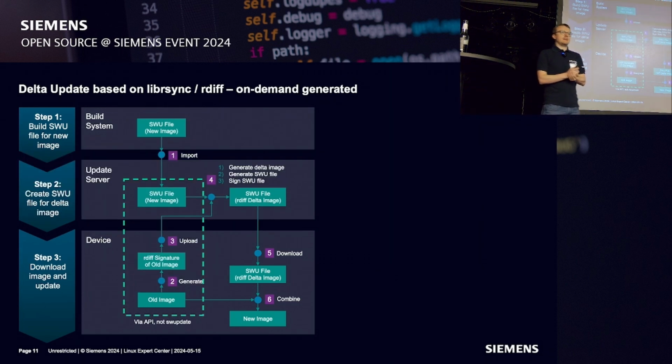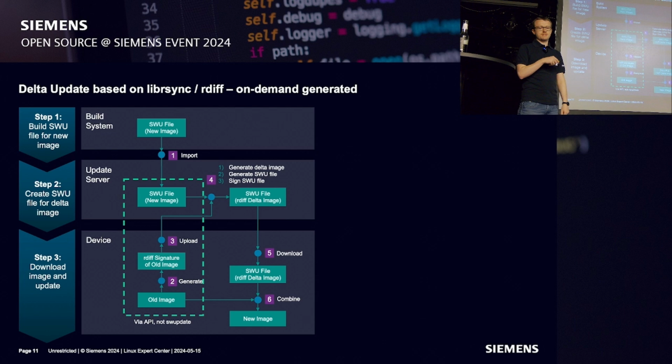A slightly different variant of basically the same pattern generates the delta file not up front where you build the image, but on demand in the back end. The advantage hereby is that you can first query the device which version of the image it is actually running, and then generate this delta file based on the new version and the version that is running.